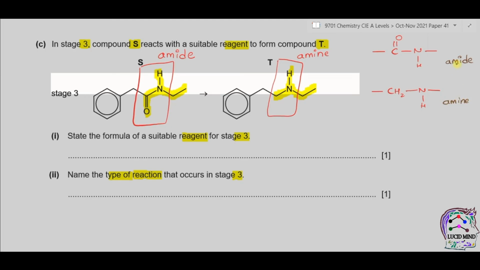We know that in order to convert amide into amine, we need a reducing agent, LiAlH4 in dry ether. And the type of reaction can be seen: oxygen is lost and hydrogen is gained, so therefore this is reduction.